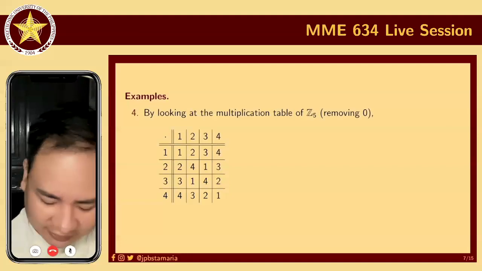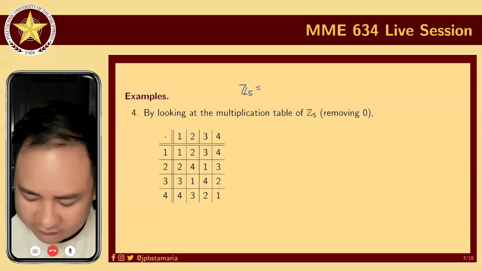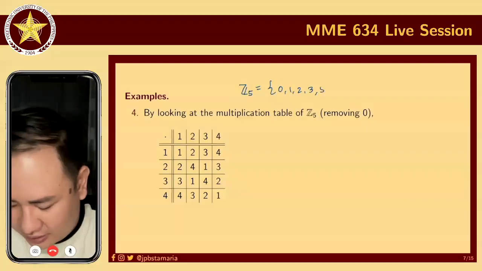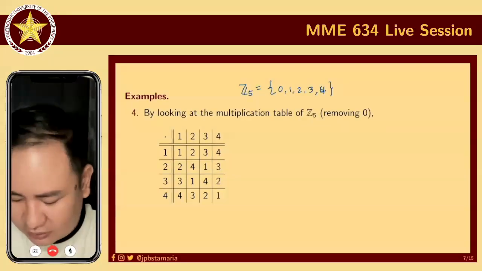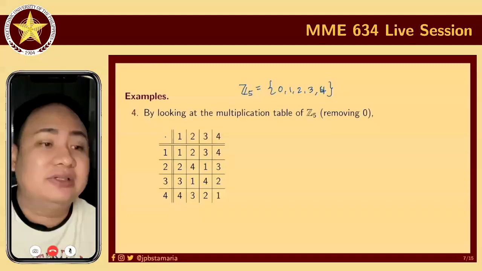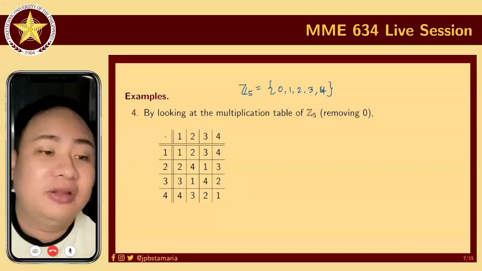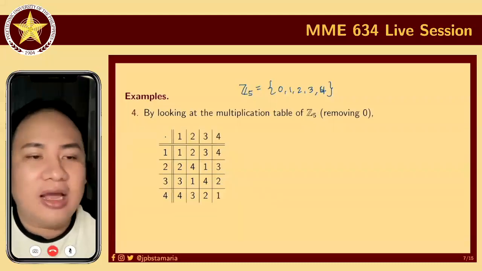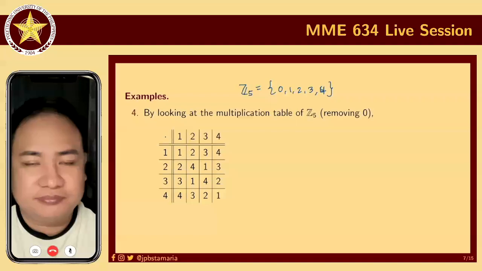Ang Z sub 5 kasi, for those who have just now come, 5 lang ang elements, no? 0, 1, 2, 3, 4. Kaya kapag lumalagpas ka sa 4, kinukuha mo yung remainder when you divide by 5. Okay? Kaya ang 3 times 4 ay 2. Parang clock arithmetic ito. Okay?